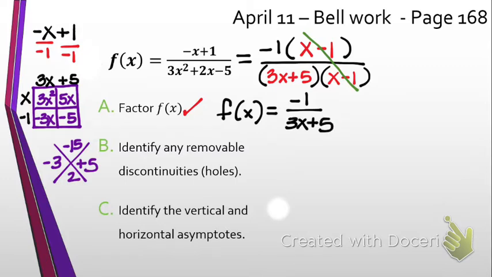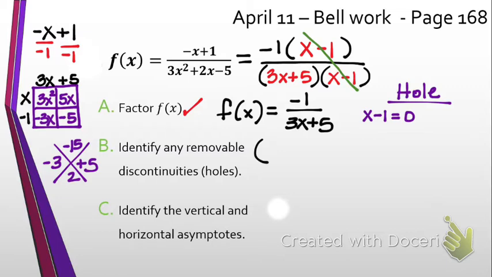So let's go ahead and find our removable discontinuity. So we're going to take what we canceled. What we canceled was x minus 1. So what I want you to do to find that hole is take what you canceled, set that equal to 0. That's step number 1.